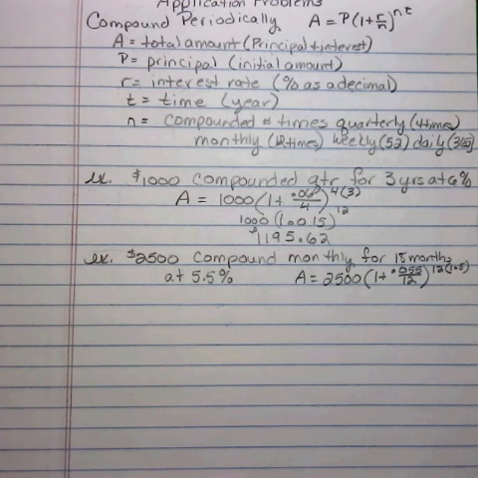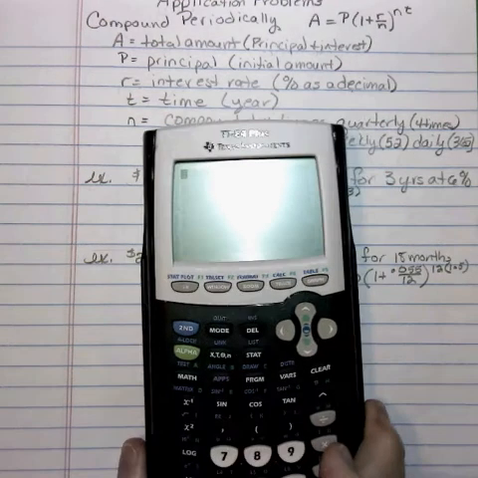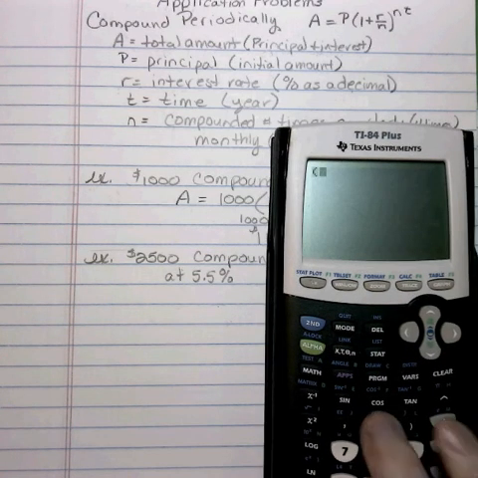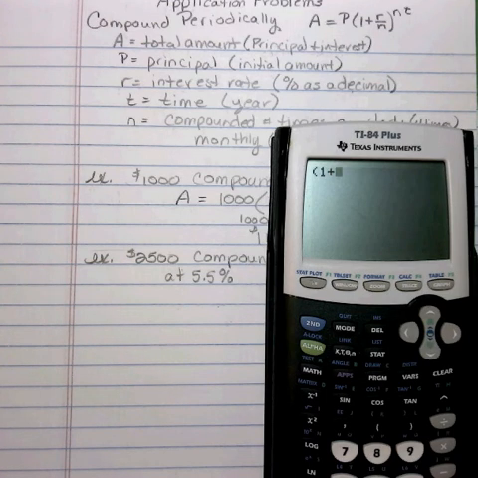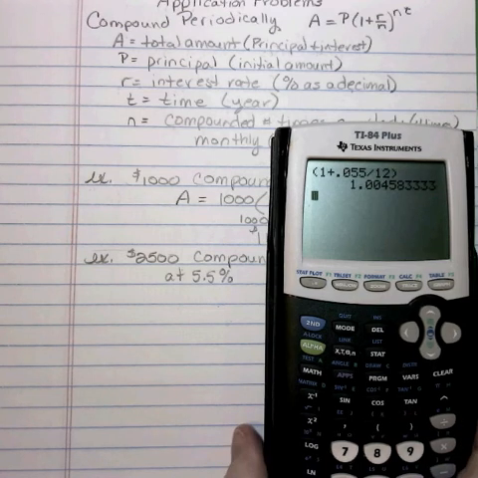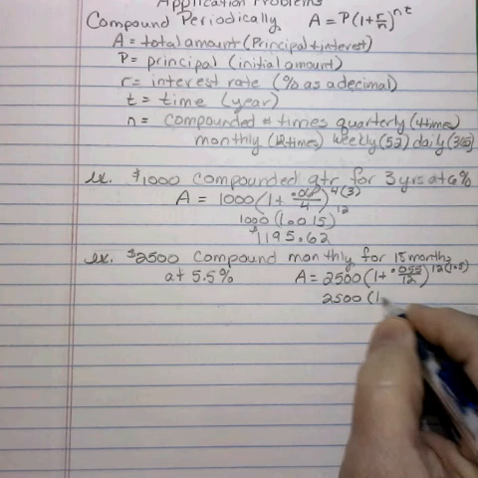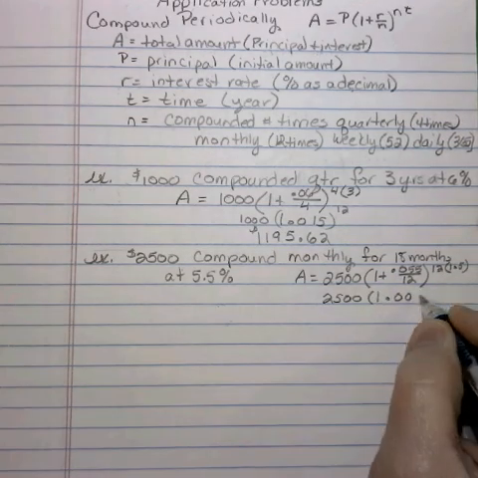So again, going to our calculator, I can calculate what's in parentheses first. 1 plus 0.055 divided by 12, parenthesis, and enter, and that decimal becomes 1.005.